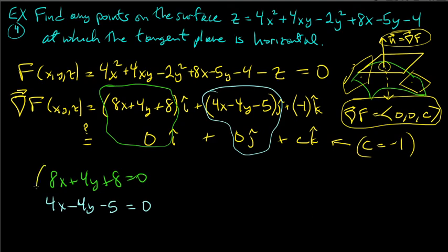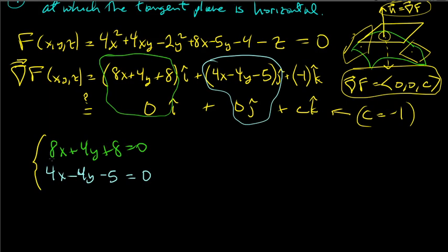You just solve this system of equations, and that'll give you your x and y. In fact, this is set up perfectly. Let's just add the two equations together. 8x plus 4x is 12x. 4y minus 4y is 0. And 8 minus 5 is 3. So this tells me that x is negative 3 over 12, or negative 1/4.